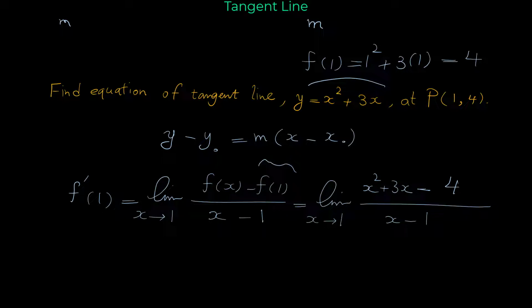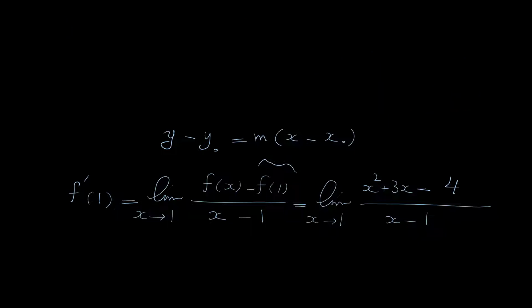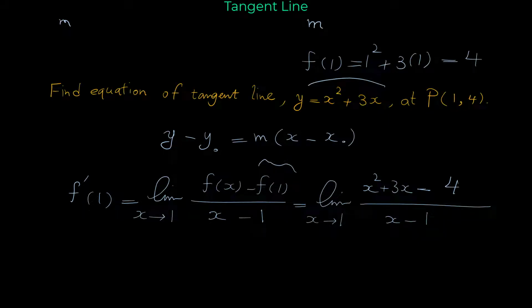Now here we have a limit in fraction form. For finding limits, the first thing we usually try is direct substitution. But if you substitute 1 for x in the numerator and denominator, you can see that the numerator would be 0 and the denominator would be 0.